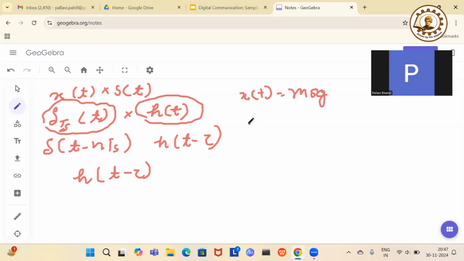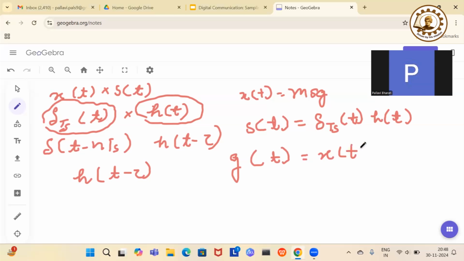After that you had this s(t), which is delta Ts(t) into h(t). And then finally you are having this g(t), that is x(t) into s(t).